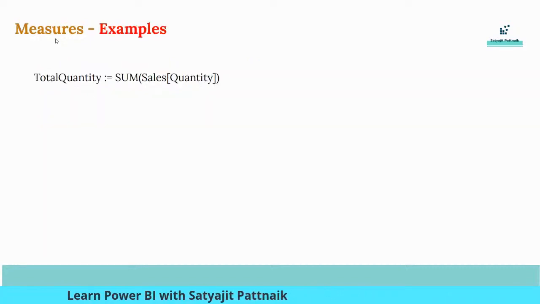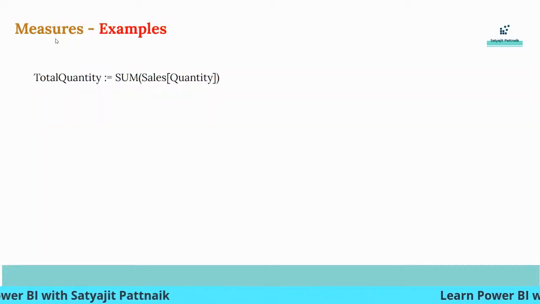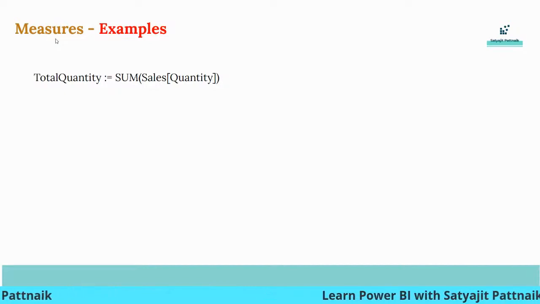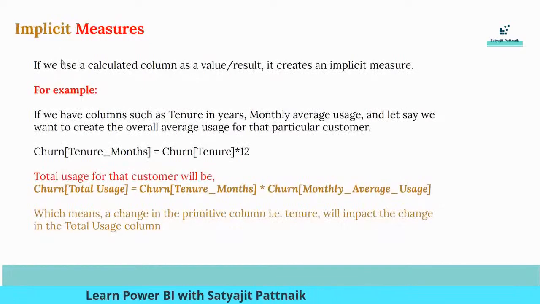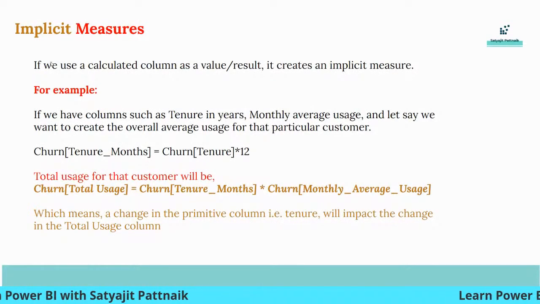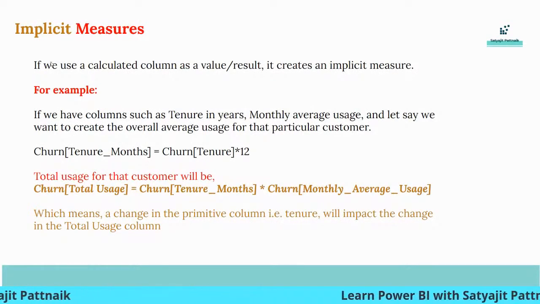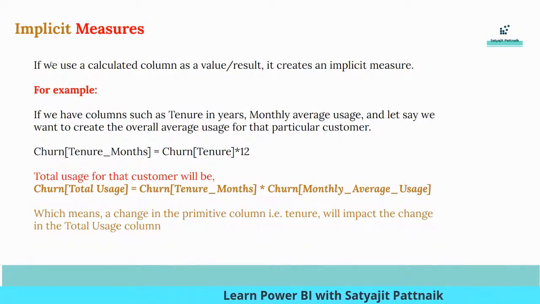What are the examples of measures? I already showed you some, and there are other techniques as well. We'll talk about that. Implicit measures: what exactly are implicit measures? If we use a calculated column as a value or result, it creates an implicit measure.